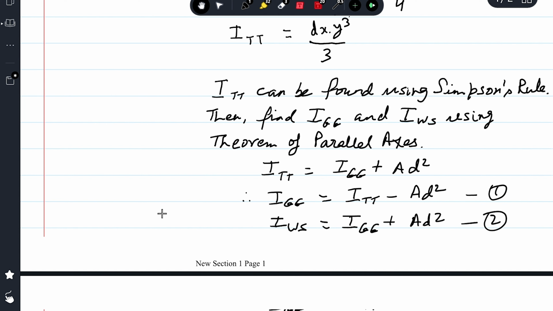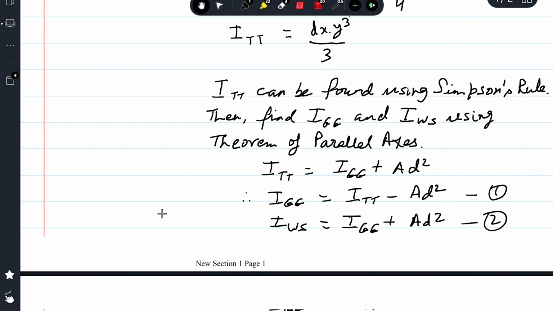So now we have the moment of inertia about the centroid. Then the moment of inertia about the water surface will be equal to IG, which we found in equation 1, plus AD squared, where A is the immersed area of the bulkhead. Now this D is the depth of the centroid below the water surface.